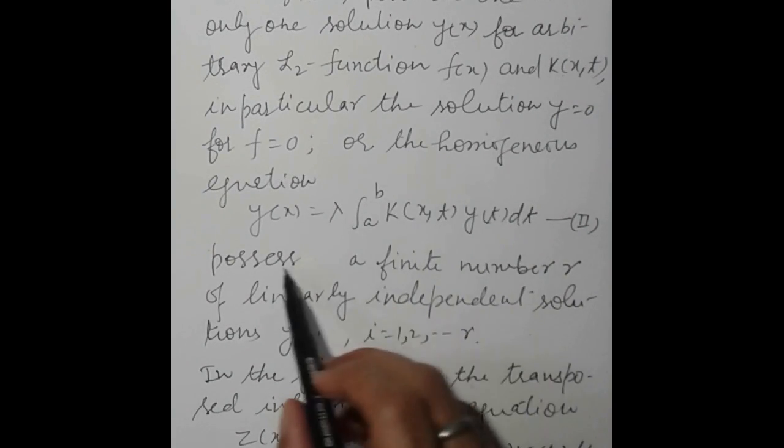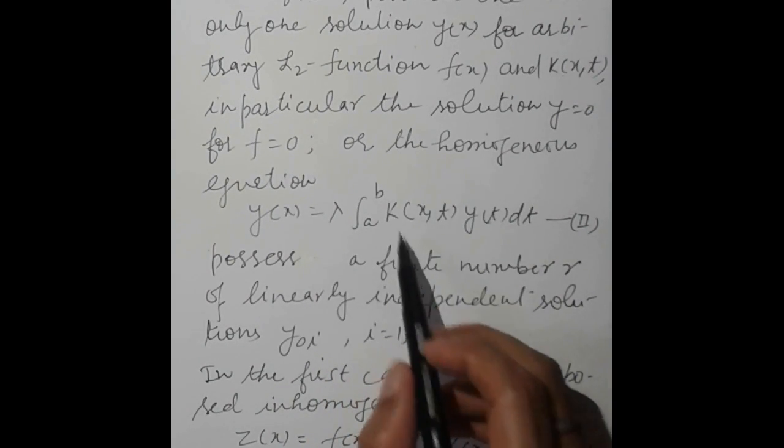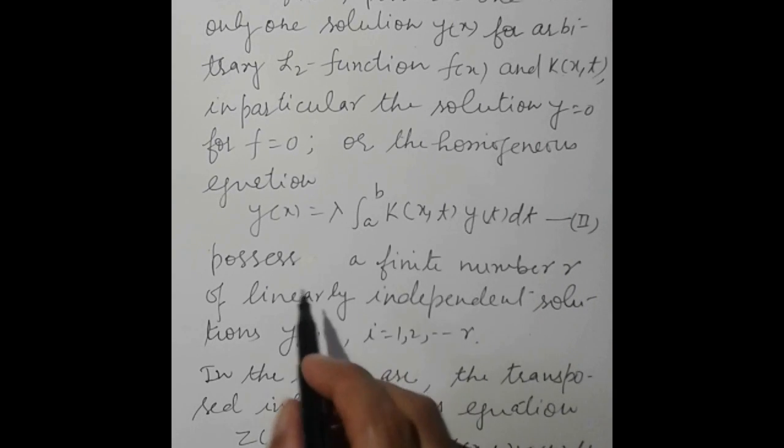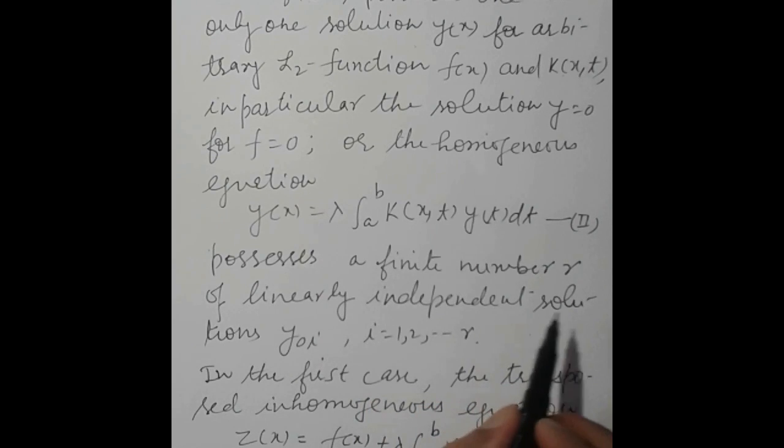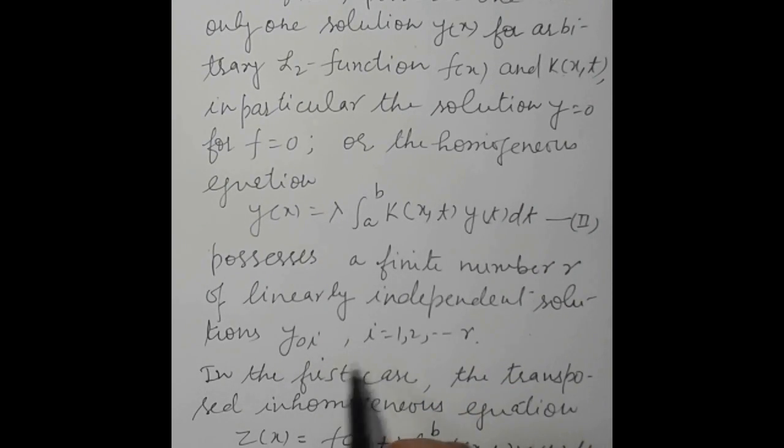Or the homogeneous equation y(x) equal to lambda, the integral a to b k(x,t) y(t) dt possesses a finite number r of linearly independent solutions y naught i, i equal to 1 to r. In the first case, the transposed inhomogeneous equation z(x) equal to f(x) plus lambda, the integral a to b k(t,x) z(t) dt also possesses a unique solution.